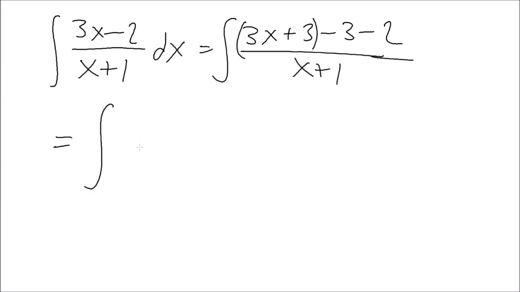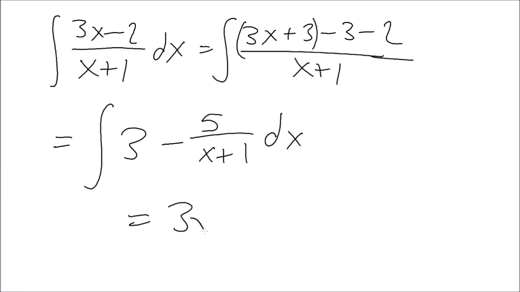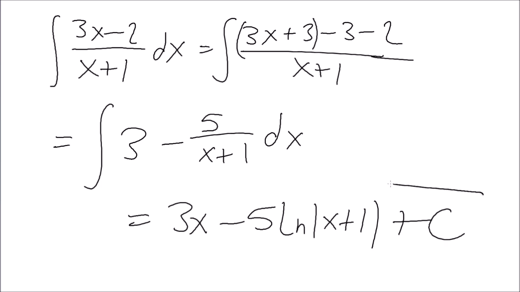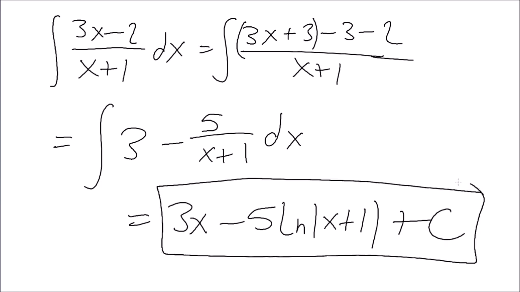So this is 3, and then we have negative 5 here, minus 5 over x plus 1 dx. Okay, so then this is just 3x minus 5 ln of x plus 1. And that is your answer. All right, very, very fast, very quick.